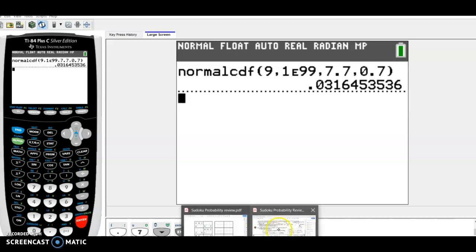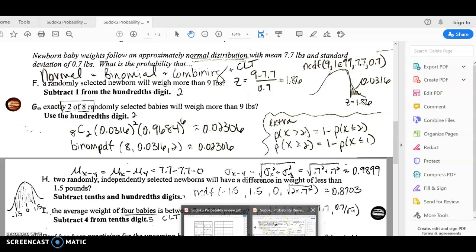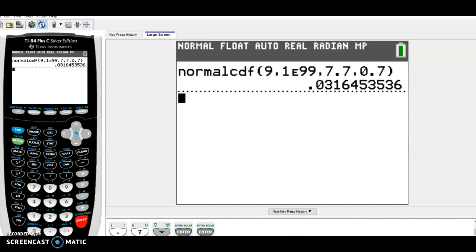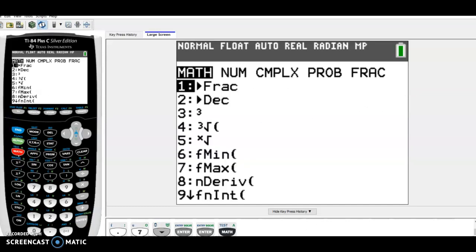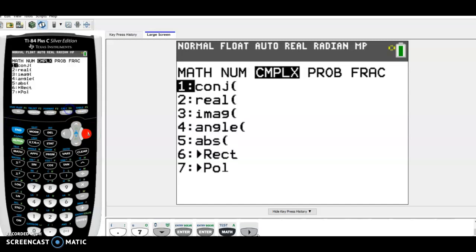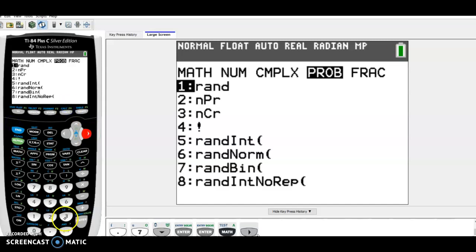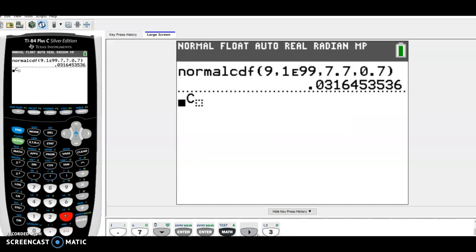This answer actually gets used in the next question. G is a binomial distribution, exactly 2 of the 8. So the formula is there with 8 choose 2. That option is under math probability on the calculator, that nCr, or we could use the binomial PDF. So if you wanted to write the whole thing out, again, under math and then probability is where we find the nCr.